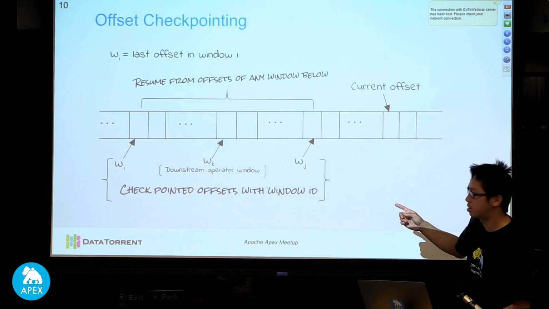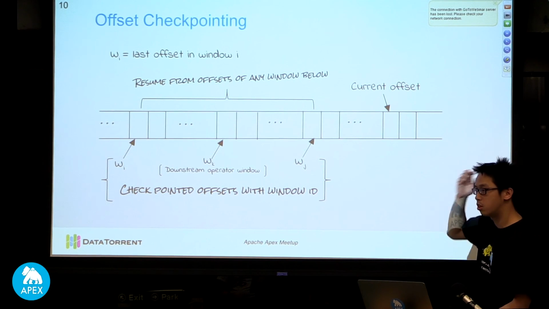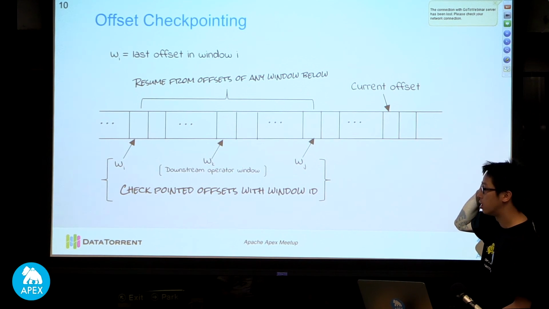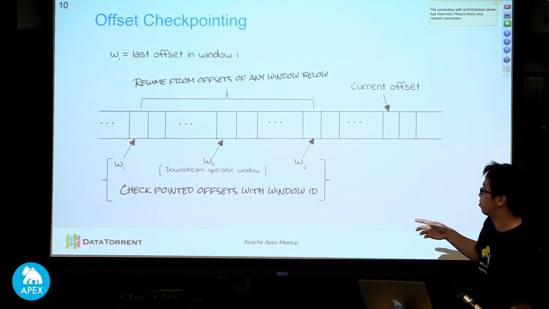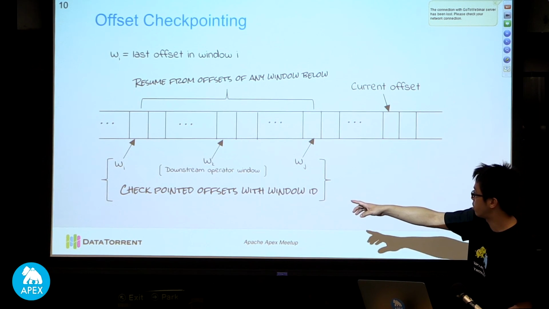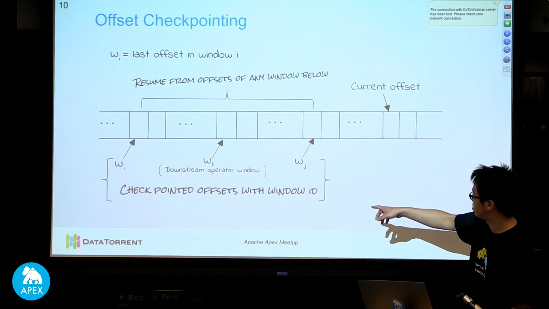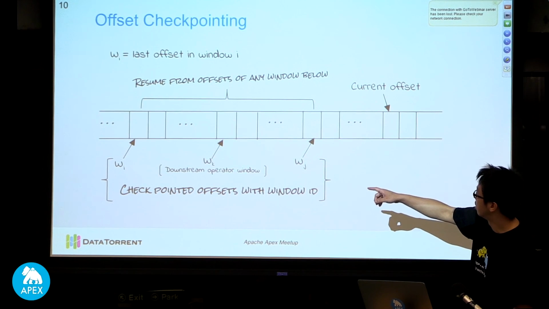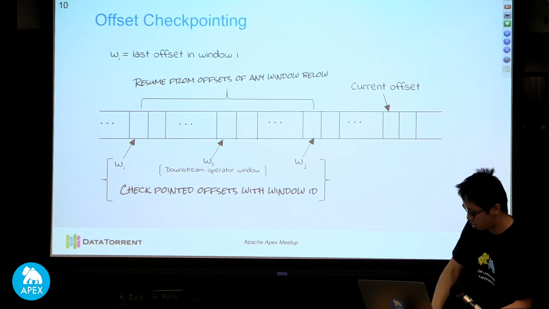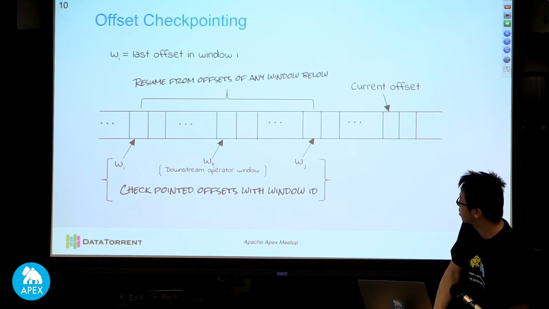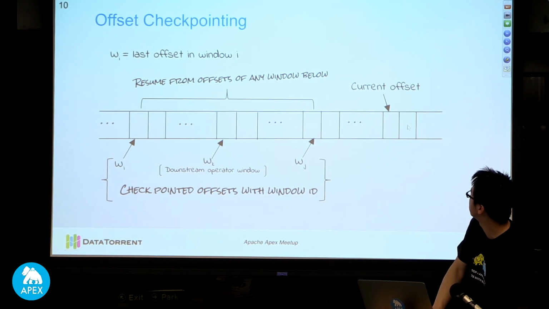So if at this time the Kafka input operator is down for some reason, Apex will bring the input operator back on another available resource and restore the checkpoint state from the persistent layer, and then it will continue from window K instead of the last left-off window.